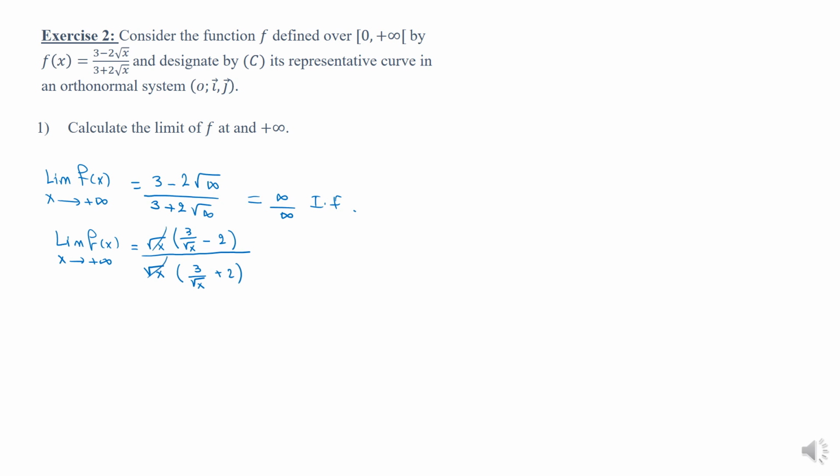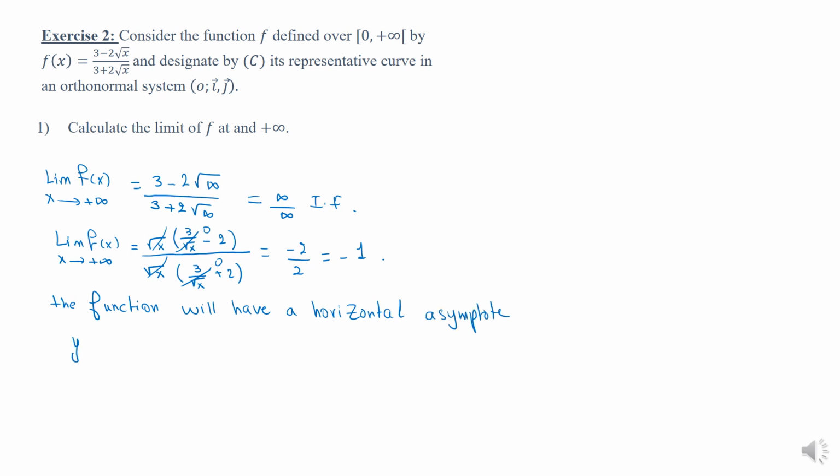Now radical x over radical x is not equal to 0. 3 over radical x tends to 0, so it is negative 2 over 2, which is minus 1. This means that the function will have a horizontal asymptote y equals negative 1 at plus infinity.